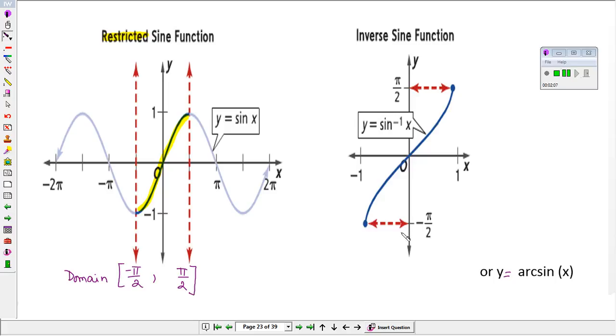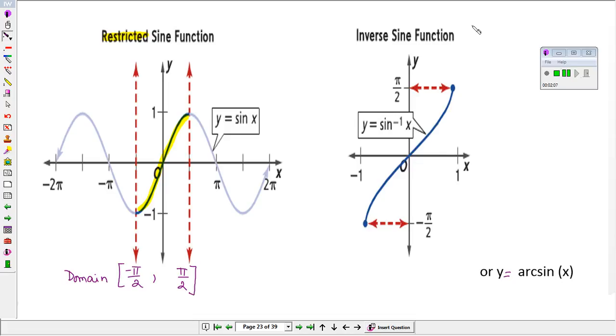Now we are going to look at, on the right hand side, the graph of the inverse function of sine. There are two ways that we can write the inverse function of sine. We can write it as sine with the -1 on the exponent, so this is inverse sine of x, or we can write it as arcsine.